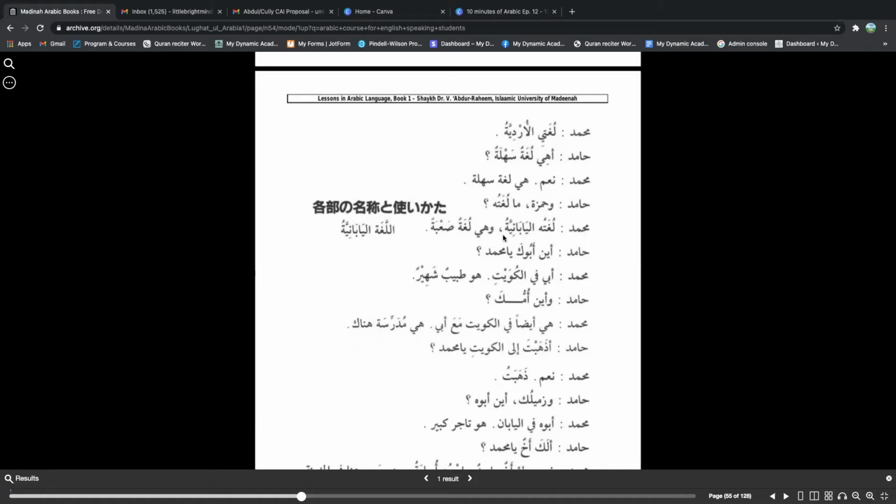Lughatuhu al-yabaniyatu. Okay, so yabaniya has to agree with lugha because lugha is feminine. It's a ta marbuta, so you also get a ta marbuta in the name of the language. Lughatuhu al-yabaniyatu. Well, here lughatun sa'batun. It is a hard language. Here lughatun sa'batun. Lughatun yabani, and then they show some Japanese characters here.